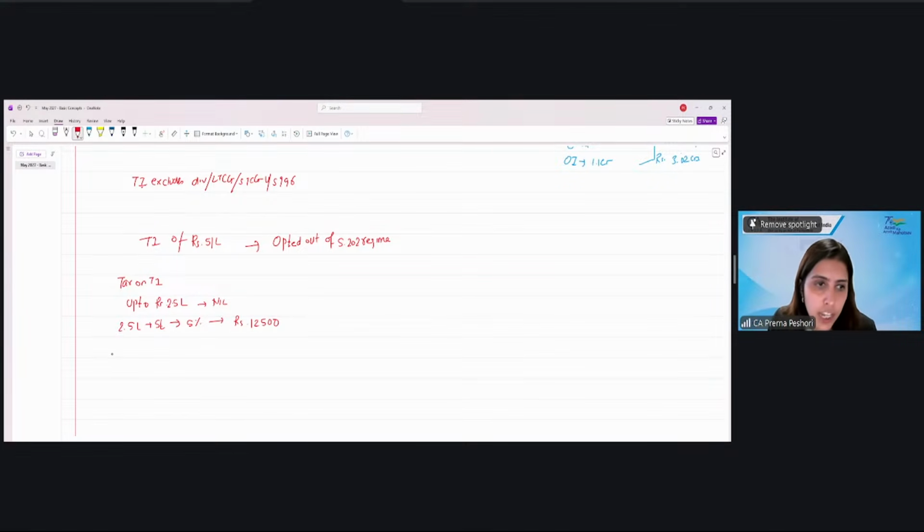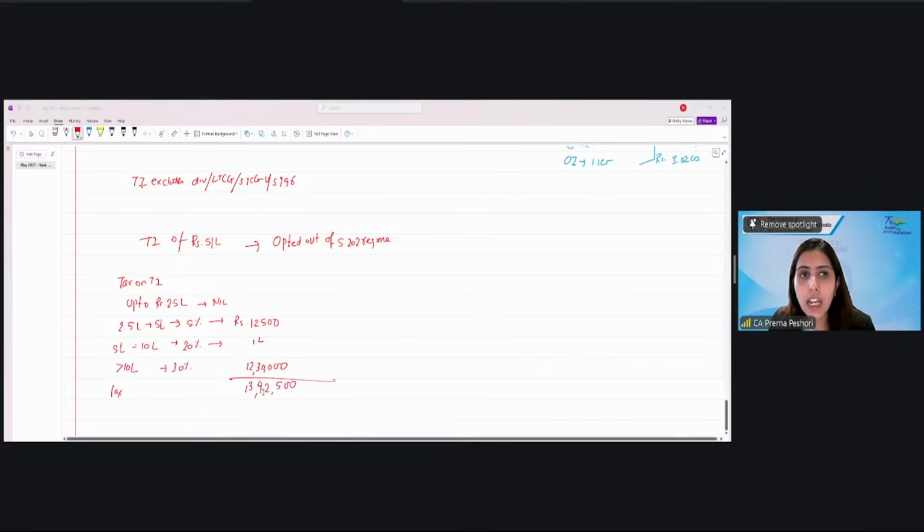Then 5 lakh to 10 lakh, this will be 20%, which comes to 1 lakh. And greater than 10 lakh, it will be 30%, so it will come to 12 lakh 30,000. So my tax is coming to 13 lakh 42,500.